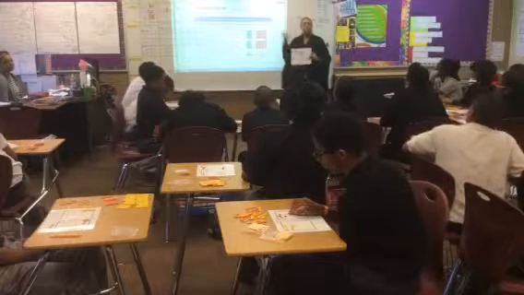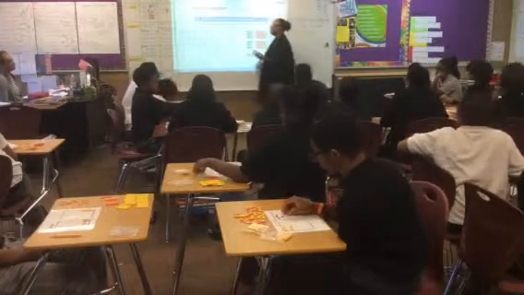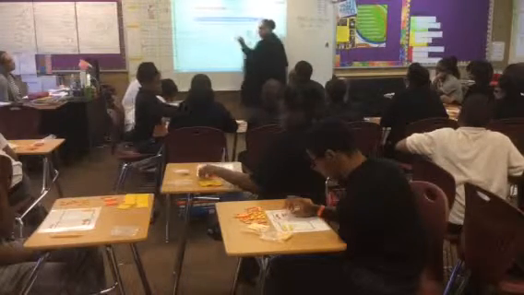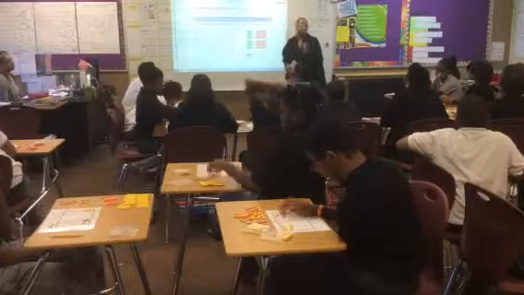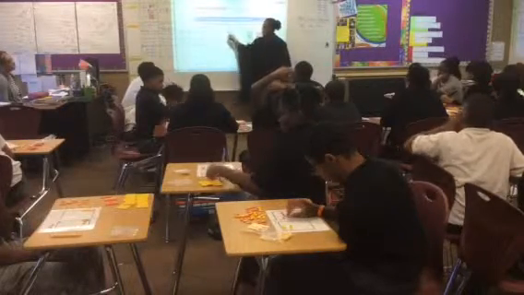Divide. You raise your hand and I'll acknowledge you. Yes, sir. Divide. By dividing. What am I dividing again? The 2. So I'm going to divide 2 on both sides, correct? Yes.